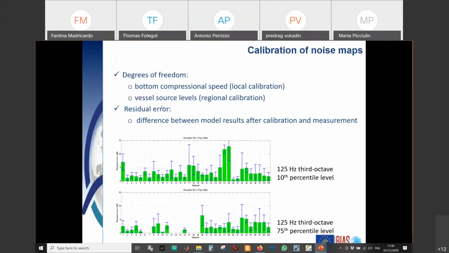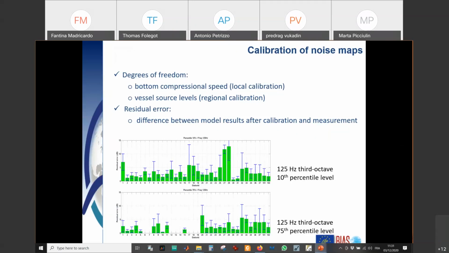So in the calibration process today, we have 2 degrees of freedom: the bottom compressional speed and the vessel source level. The bottom compressional speed is a local calibration, because it's valid only on a circle around the hydrophone, within its detection range.